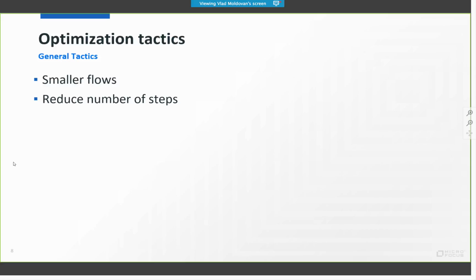Reduce the number of steps. Now, this is always a problem that's hard to deal with, because the more steps you have, the more contexts you keep in memory marked for deletion, and sometimes these are not necessarily required. Now, by reducing the number of steps, there is a risk or a trap that you are going to work with larger variables.